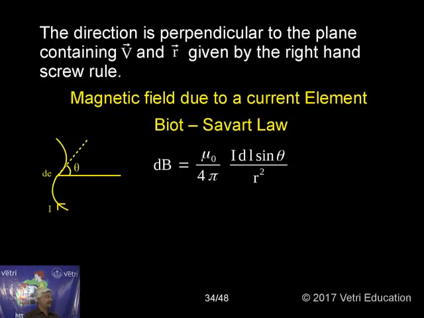The direction is perpendicular to the plane containing V and R, given by the right hand screw rule. The direction is the way the thumb moves. So the magnitude is as we have seen, and the direction is given by the screw rule. Then magnetic field due to a current element can be explained by the Biot-Savart law.